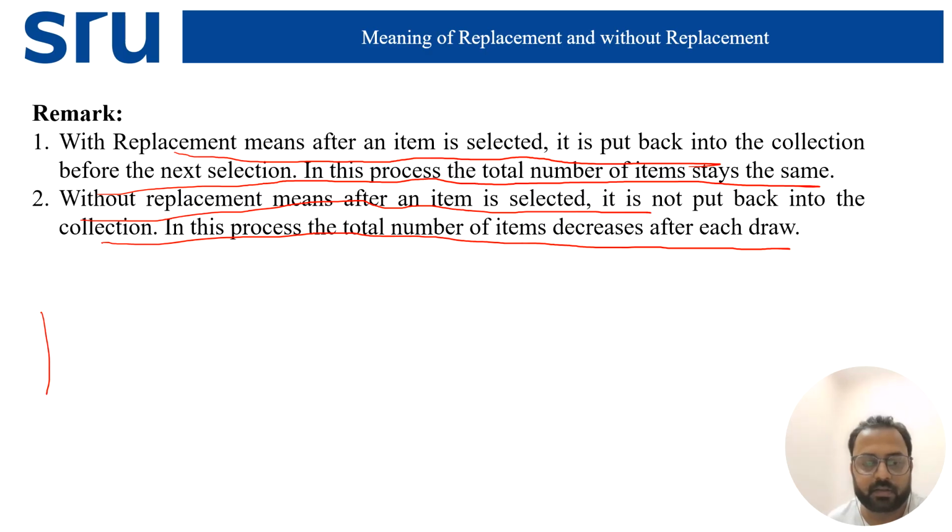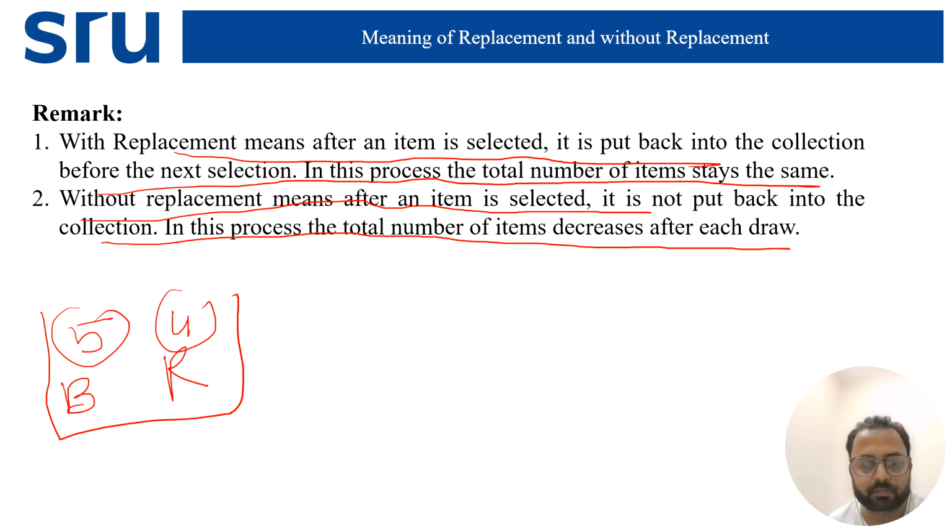Let us suppose that in one box there are 5 black balls and 4 red balls. We are selecting one black ball, and we are not putting this black ball back into the box.